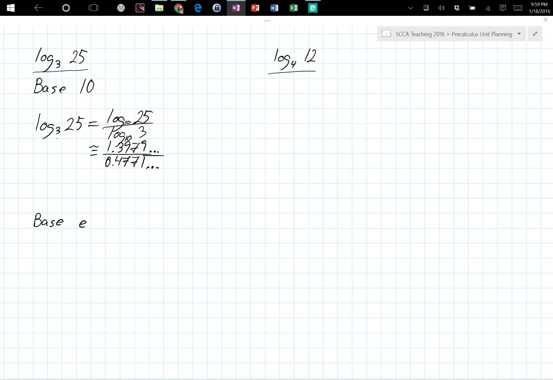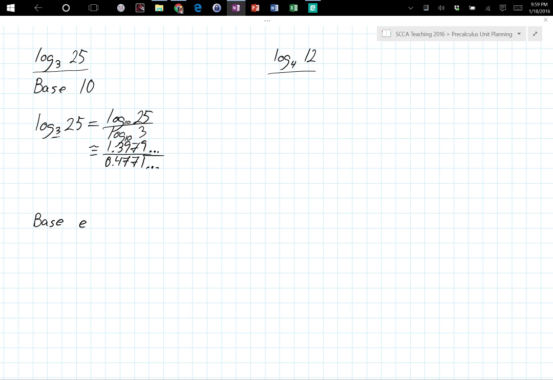Because if I look at this, log base 3, what exponent am I going to have to raise 3 to in order to equal 25? So that has to be bigger than the log base 10. So let's look at that.